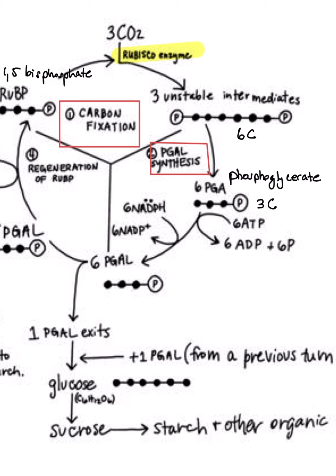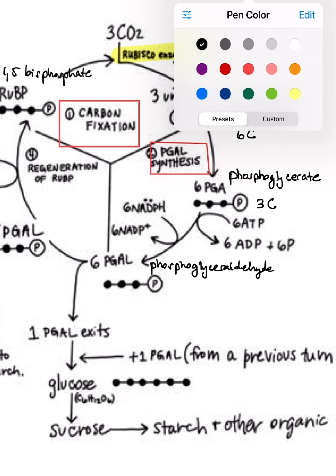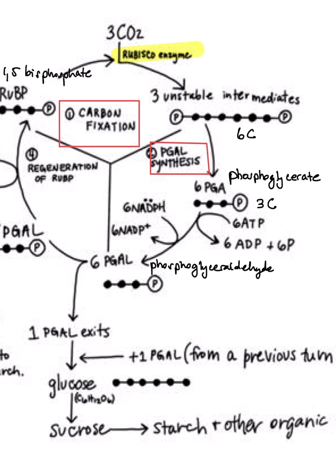Next, what we would need is a molecule of ATP to come in for each of these 6 PGAs to transform them into PGAL. So PGAL is a phosphoglyceraldehyde, and we will see those 6 ATPs come in and leave as 6 ADP and 6 inorganic phosphates.